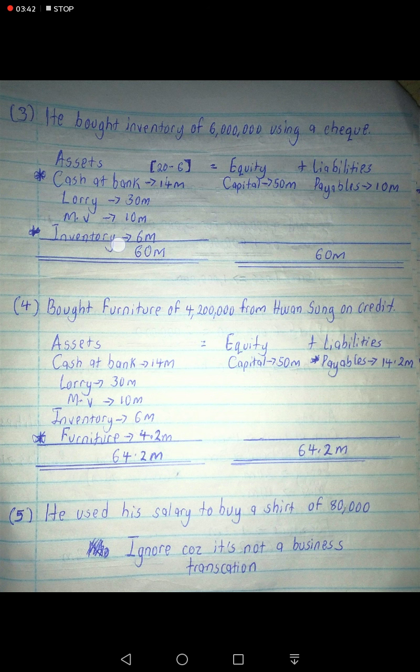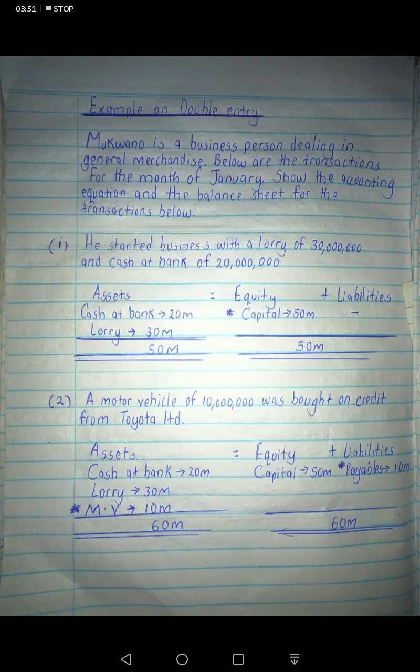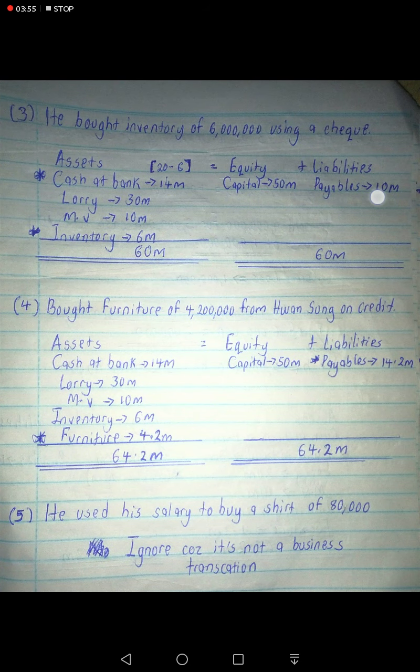Then inventory is coming in, which I bought using the cash at bank, 6M. Equity remains 50M, and payables remain 10M. When I add the 14 plus 30 plus 10 plus 6, I get 60, and this side is also 60. So the equation is balancing, 60, 60.